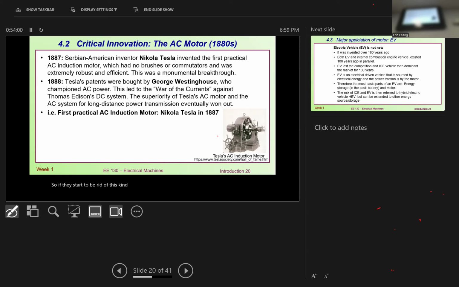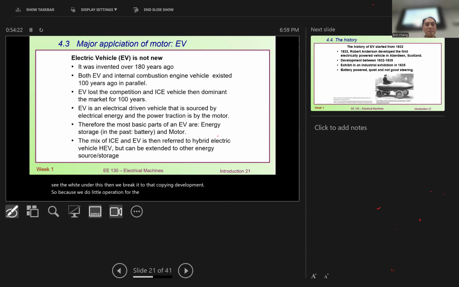So we could say the first really practical industrial motor was invented around 1887, more than 130 years ago. During that time, electric vehicles gradually began to be developed, because we needed operation of DC motors and AC motors.